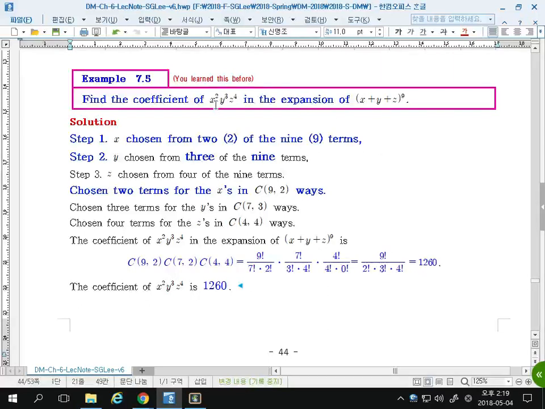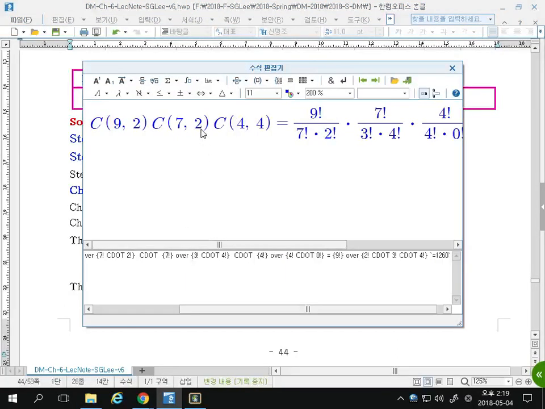In this case, we have 3 variables x, y, and z. The only difference is we have 2 plus 3 plus 4 is 9. Then 9 choose 2 first. Then 7 are left. 7 choose 3, not 7 choose 2, isn't it? 7 choose 3.